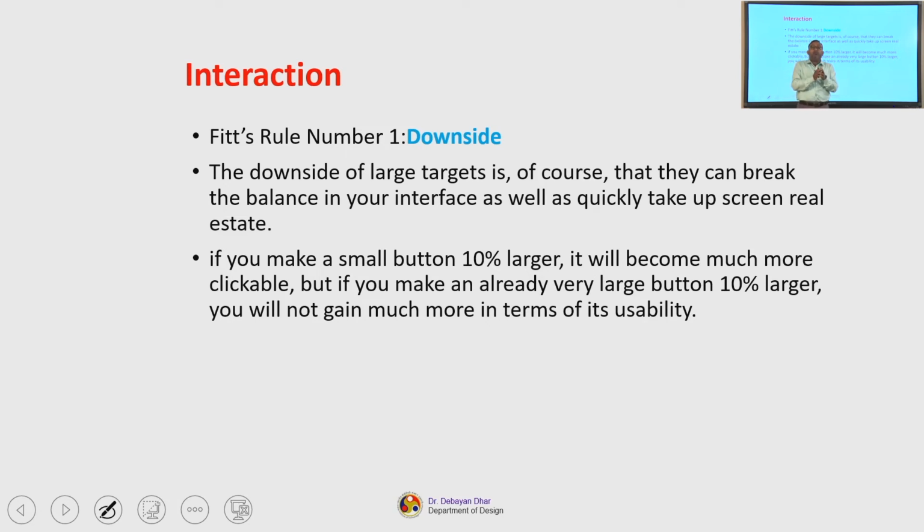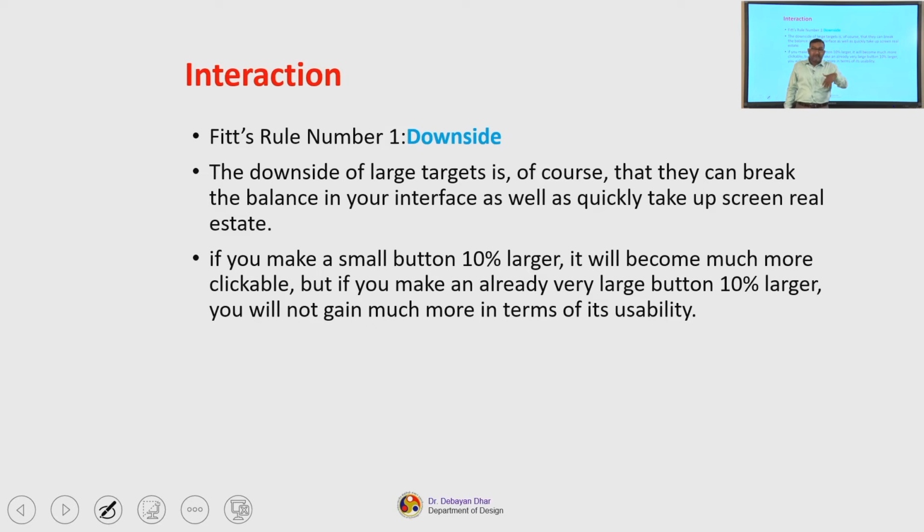So, to what extent you can make a button or something clickable bigger, there must be some limit to it. Say, for example, a target is already 10% larger than initially. If you make it much larger still, it will not increase your usability drastically.